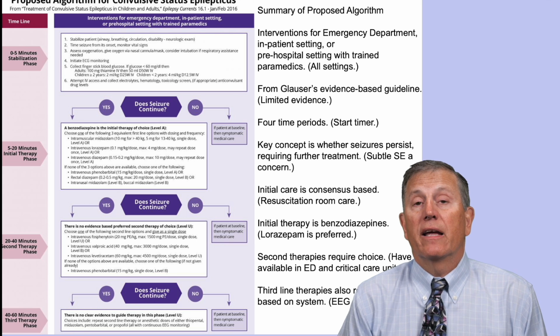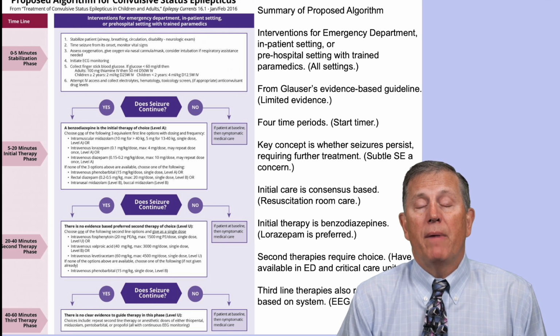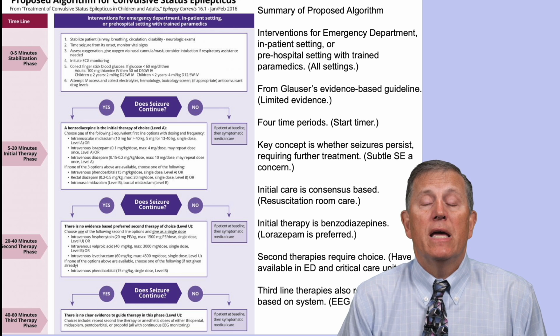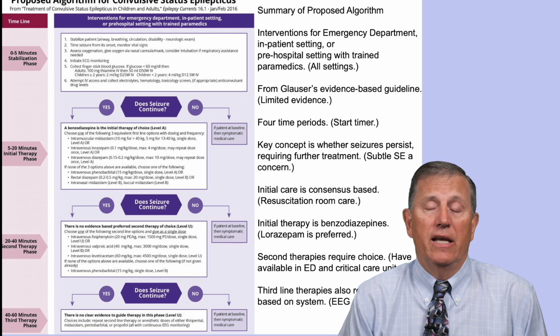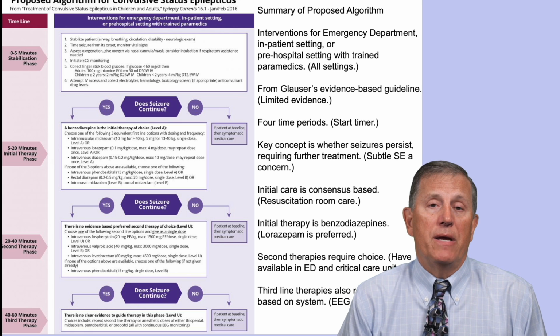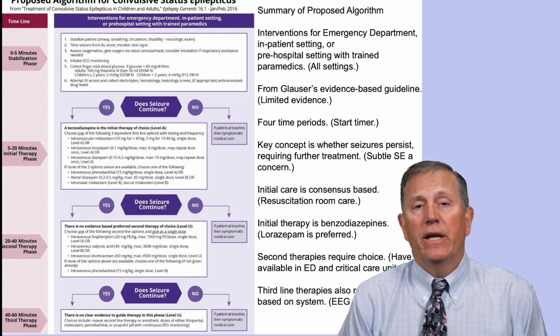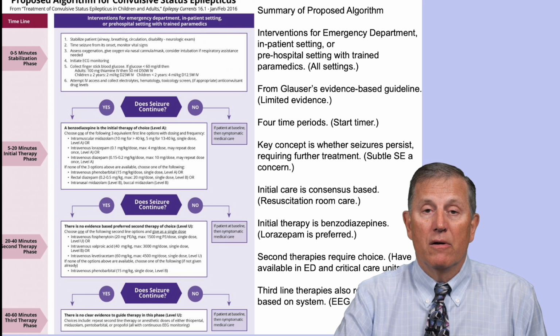We know that the second-line therapies, when indicated and necessary, require medications that should be available either in the emergency department or whatever critical care setting in which status epilepticus might need to be treated. And we know that once third-line therapies are provided, ongoing EEG monitoring is necessary to exclude subtle status epilepticus.